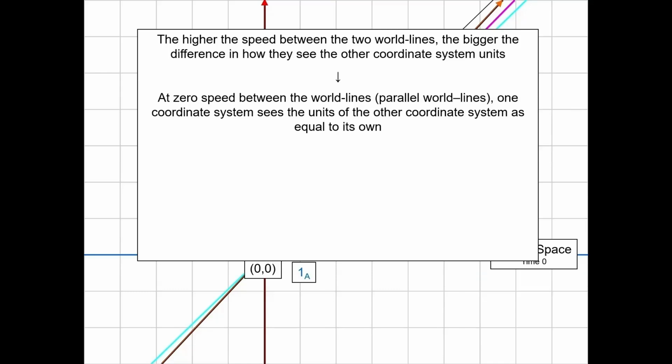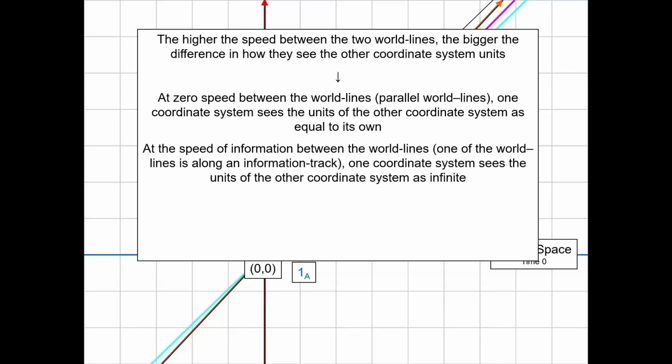Two world lines that have no speed between them and use the same procedures and the same tools, the same clocks and the same sticks for their calibration, will have the same coordinate systems. They may call the point 0, 0 a different point, but the coordinate systems themselves will be the same.